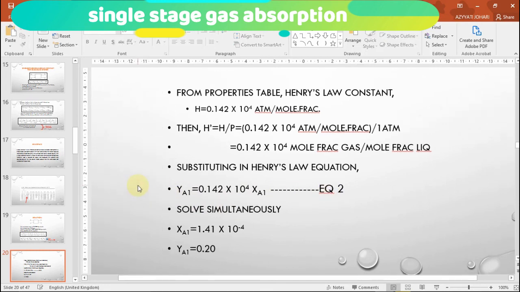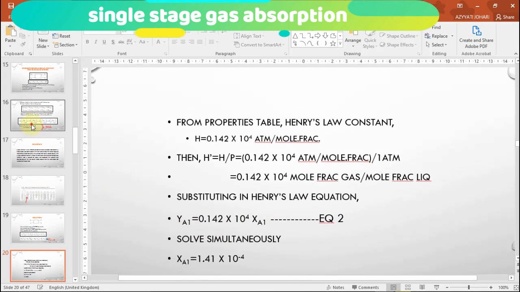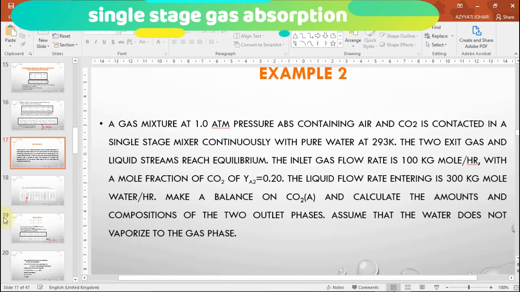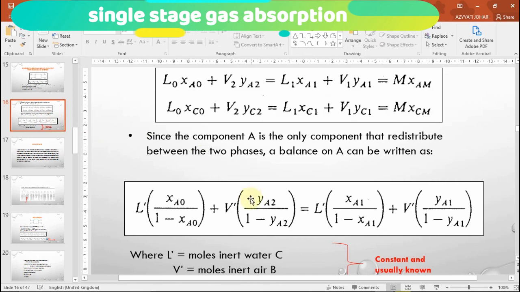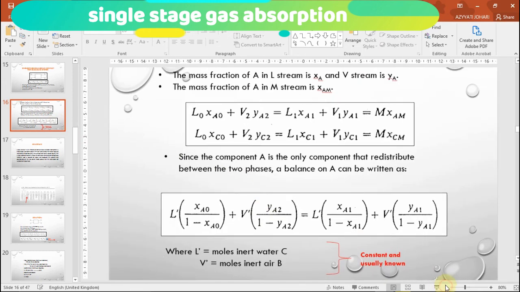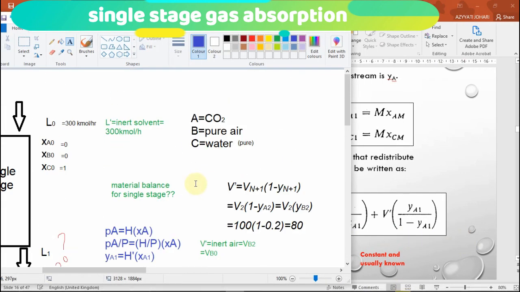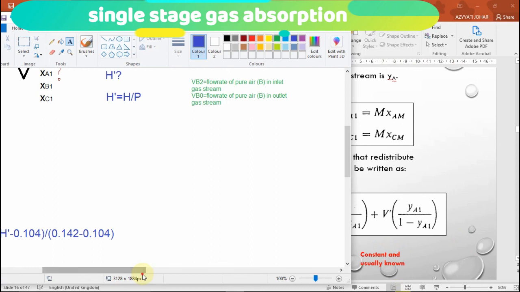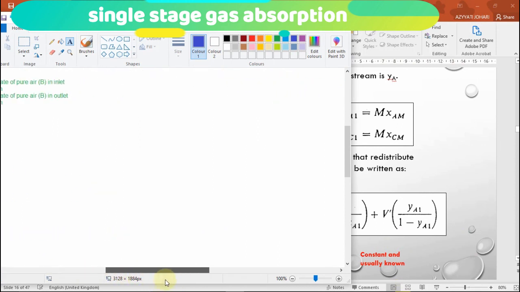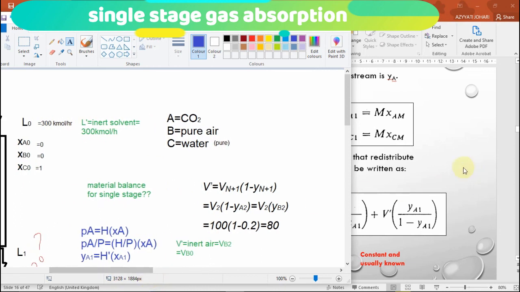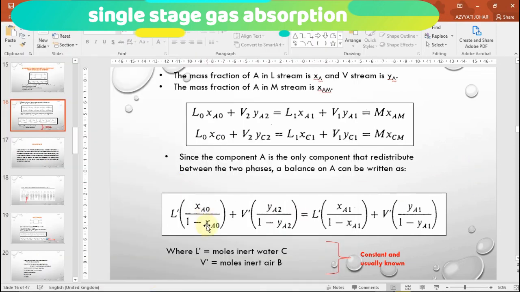According to the previous balance, from this balance we get the equation for the balance for component A.